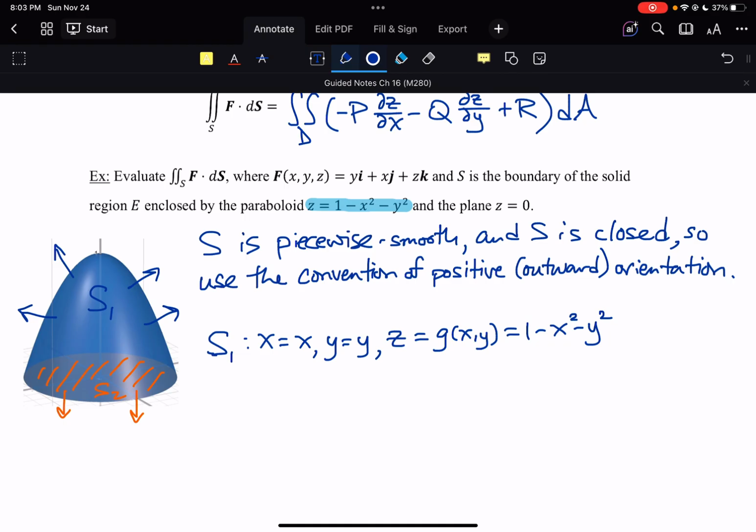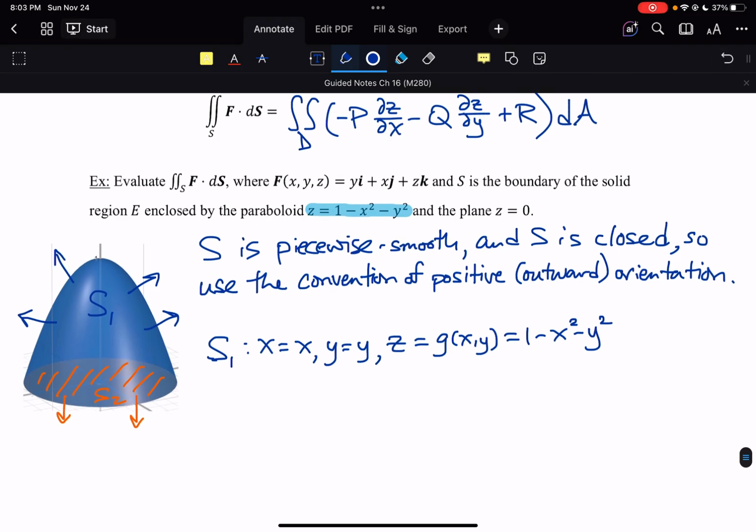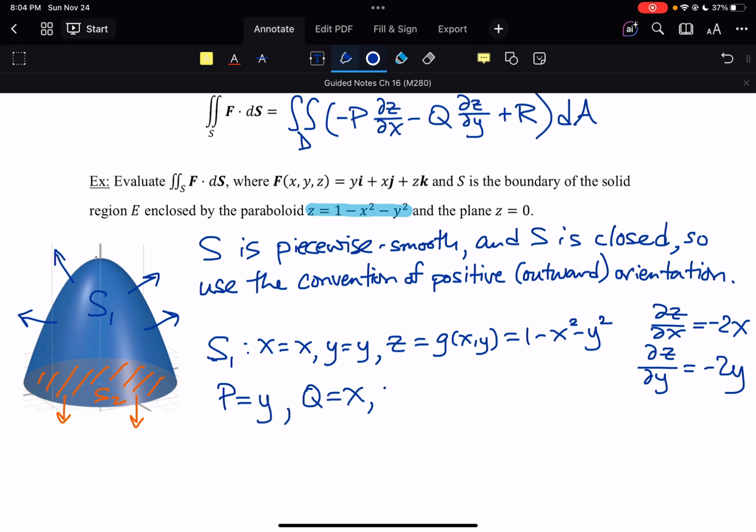So we can go ahead and get a couple of the pieces that we need here. We're going to need the partials with respect to x and y. So partial z with respect to x is negative 2x. Partial z with respect to y is negative 2y. We also need p, q, and r. Those come from the vector field. So p is y, q is x, and r is z.